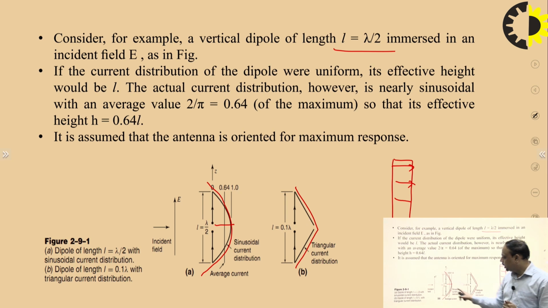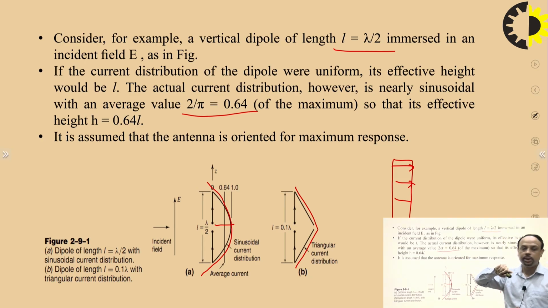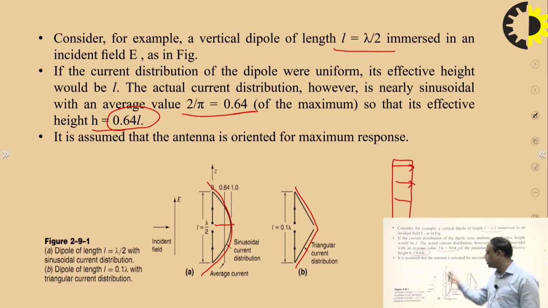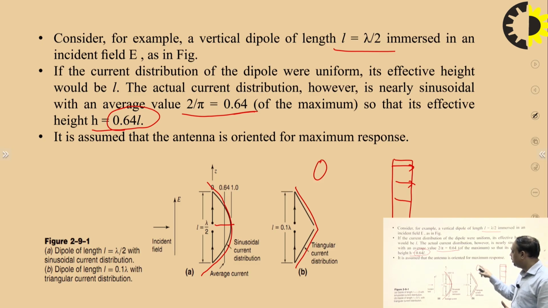For the sinusoidal distribution, the average current value is 2 divided by pi, that is 0.64. So the effective height of this antenna is 0.64 times the actual height of the antenna, that is 0.64 multiplied by lambda by 2. In this case, it is only 0.5 of the actual height of the antenna.